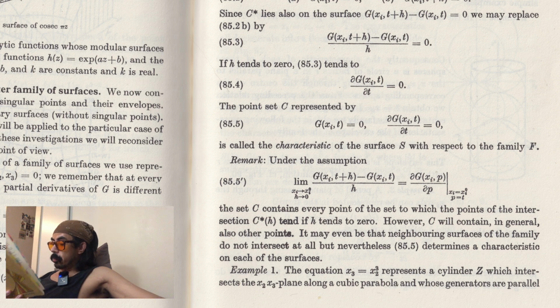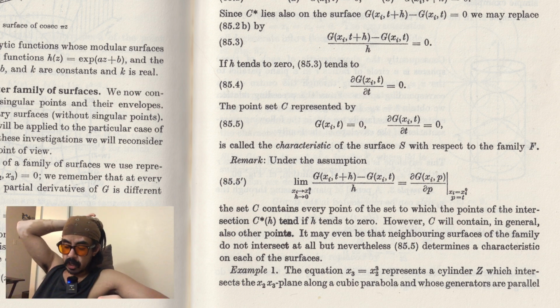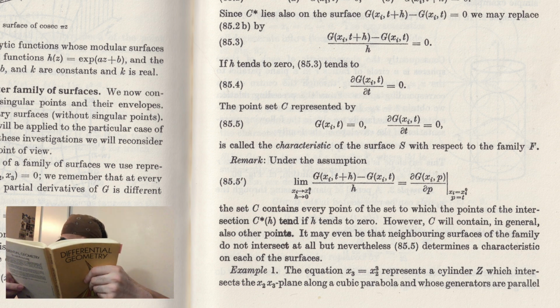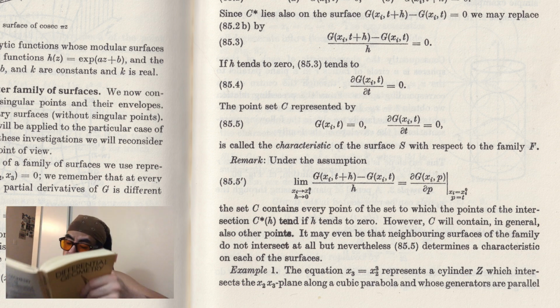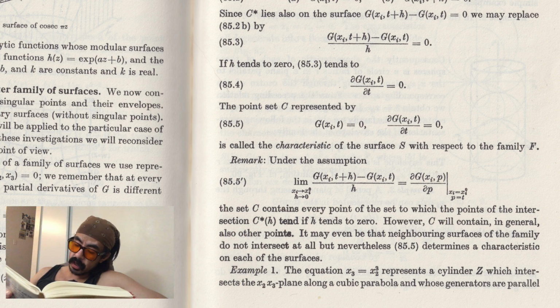The point set C represented by G(x_i, t) = 0 and ∂G(x_i, t)/∂t = 0 is called the characteristic of the surface S with respect to the family F. Remark: under the assumption that the limit as x_i approaches x_i⁰ and h approaches 0 of the fraction where in the numerator we have G(x_i, t + h) − G(x_i, t), all over a denominator of h.